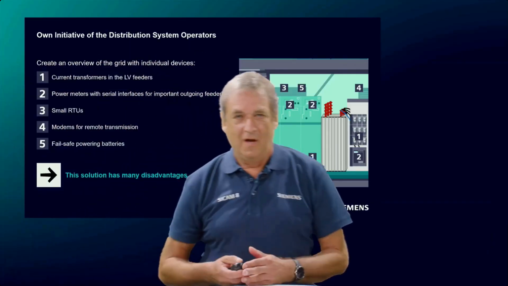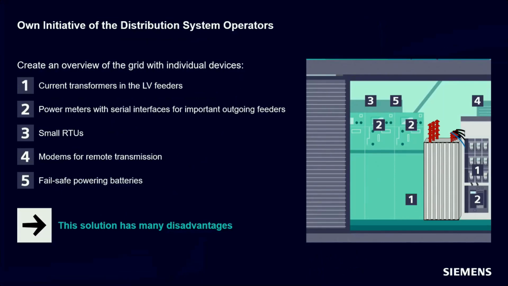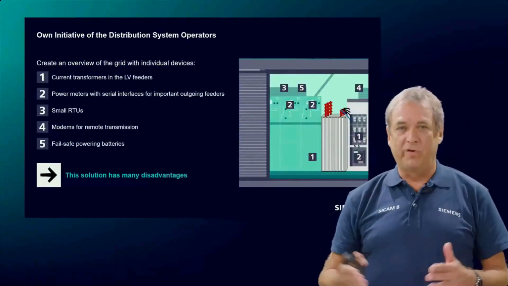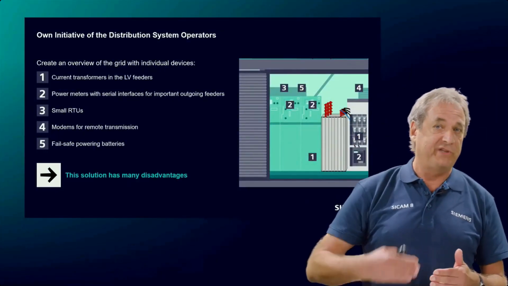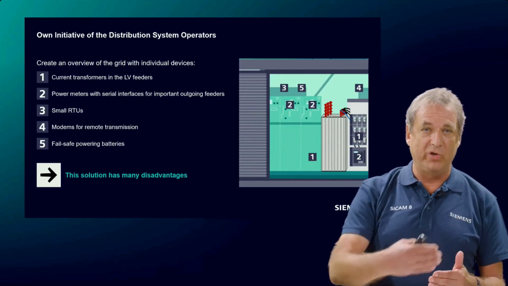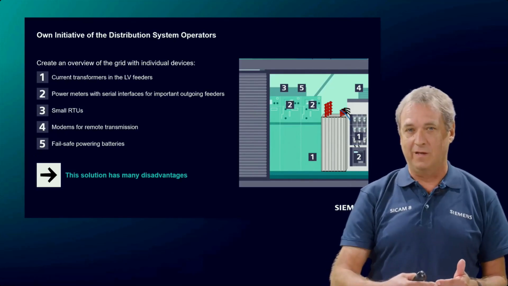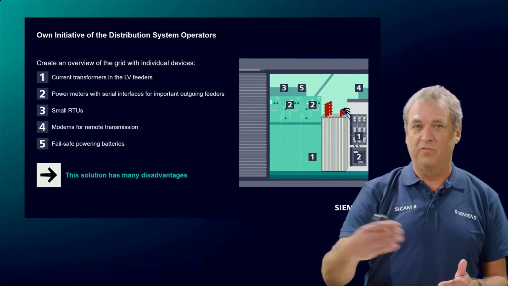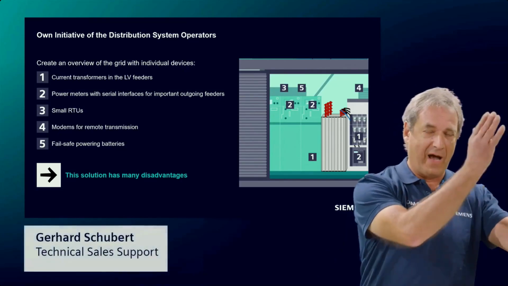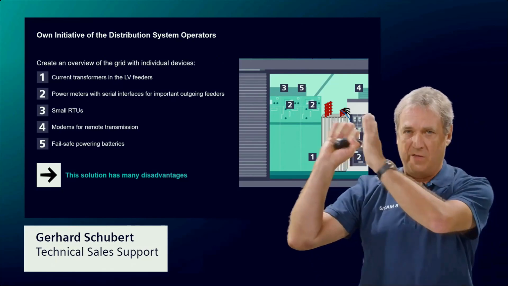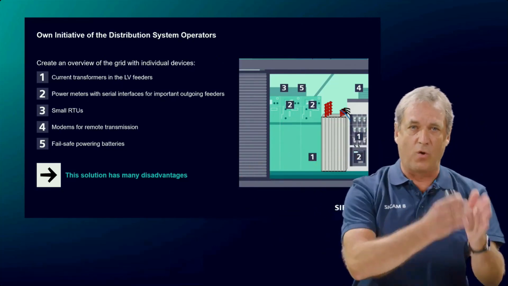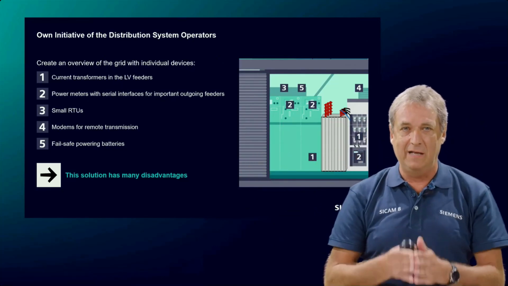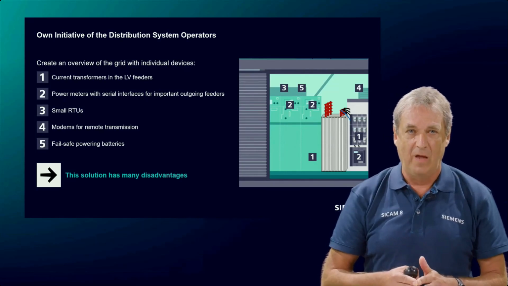Okay, good. Now that you know our motivation, we come to the second part of this presentation, which deals with our solution to gain the required transparency in the low voltage distribution grid. All mentioned devices, you remember RTUs, switches, sensors, all these devices are combined in this single compact device.